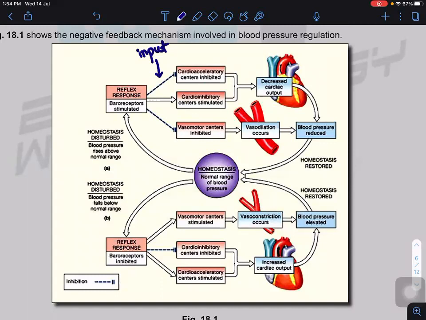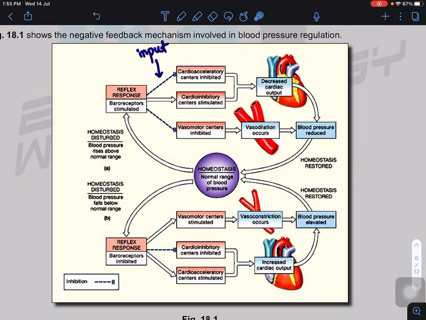So for this input, the sign means negative, and the arrow means stimulate. So what we're going to do here is inhibit the cardiac acceleratory center, but increase the cardiac inhibitory center. So inhibit what? Inhibit, so decrease the cardiac output.